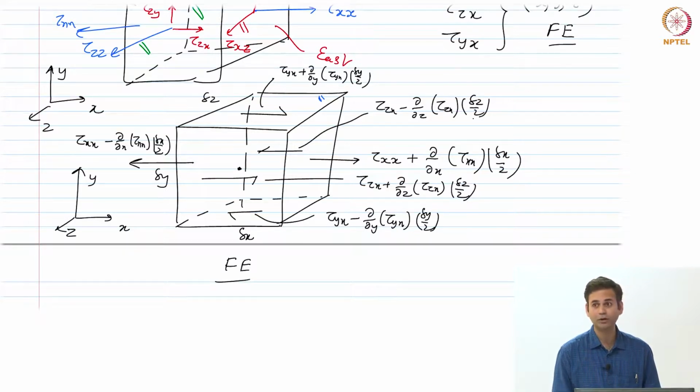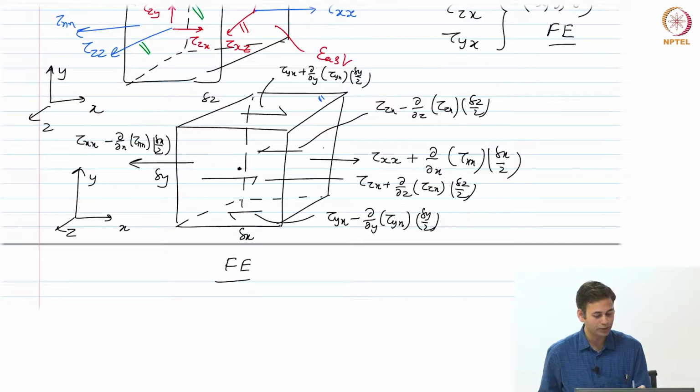We have left one more surface force, pressure. In which direction does pressure act? Pressure is defined as p at the centroid x, y, z. What would be its value on this face? Again you have to use Taylor series expansion, and it would act in the negative x direction on this face. So this would be p plus partial p by partial x times delta x by 2.